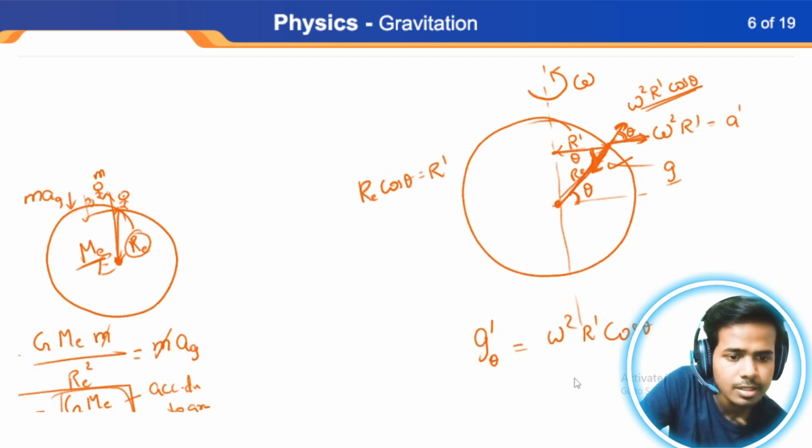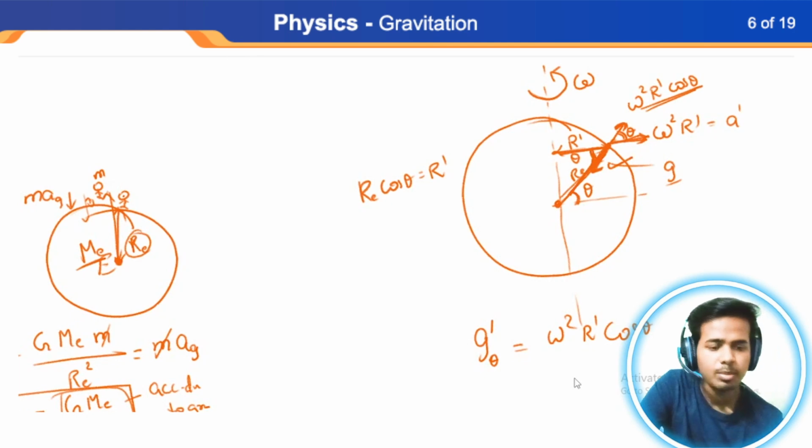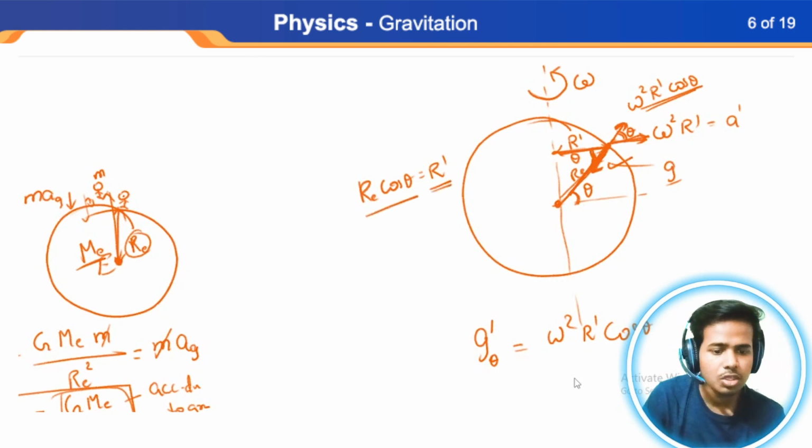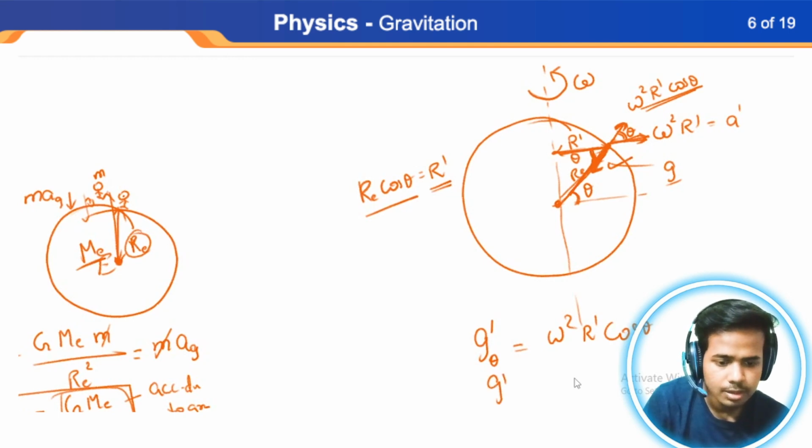This is the re and this is the r dash. This is the angle theta between them. So I can replace r dash with re cos theta. G dash at a particular angle theta will be equal to omega square into r dash. What is r dash? Re into cos theta, into cos theta.